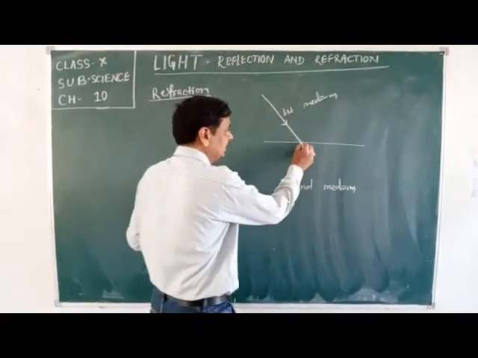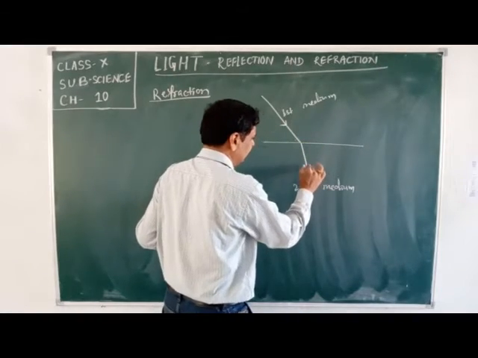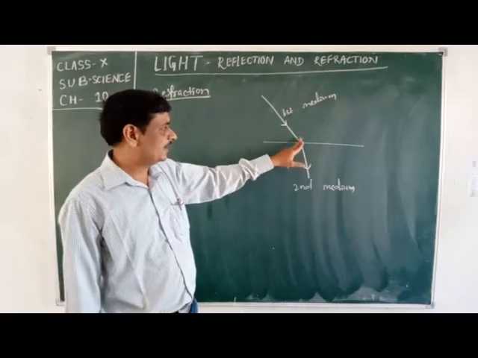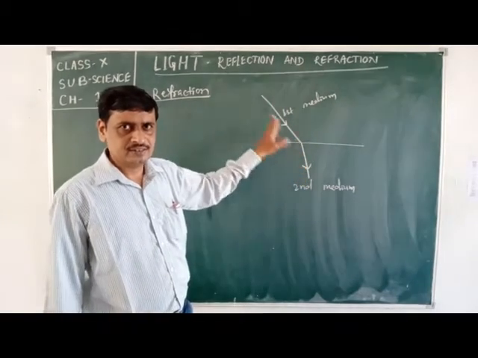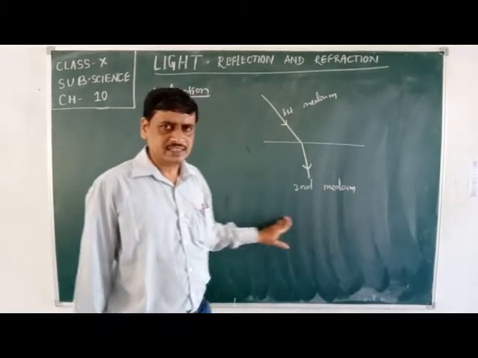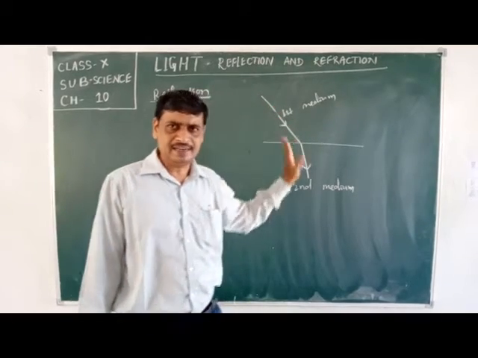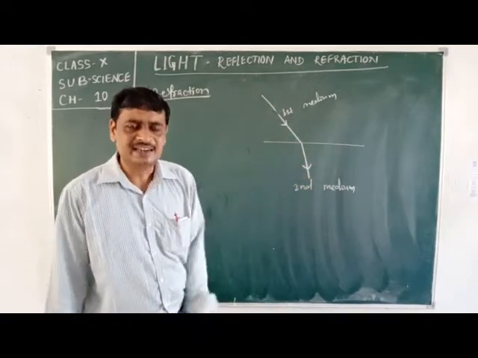Next, it comes into the second medium. At this line of separation, the ray of light will bend. This phenomenon is called refraction. A ray of light traveling in a medium and entering into another medium, that is refraction.